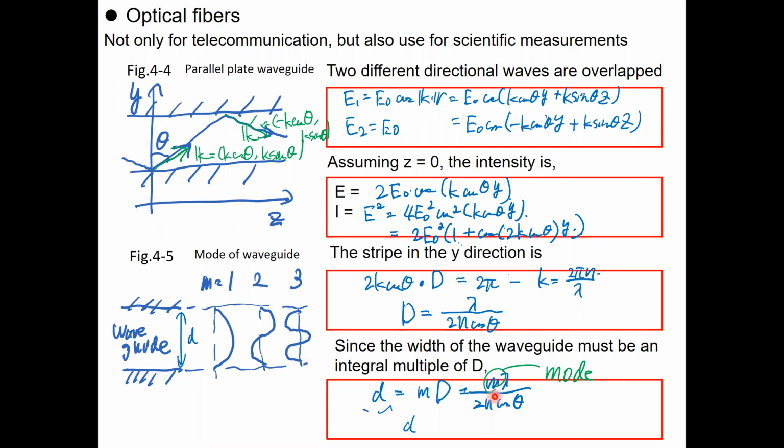Keep in mind that when m is changed, since d is the same and lambda is also the same, the angle of the light direction is changed. In some cases, some of the modes are going almost straight, but some of the modes are reflecting many times like this. So the speed or the travel time of the light is dependent on the mode. That's one of the problems when you send light by the optical fiber.